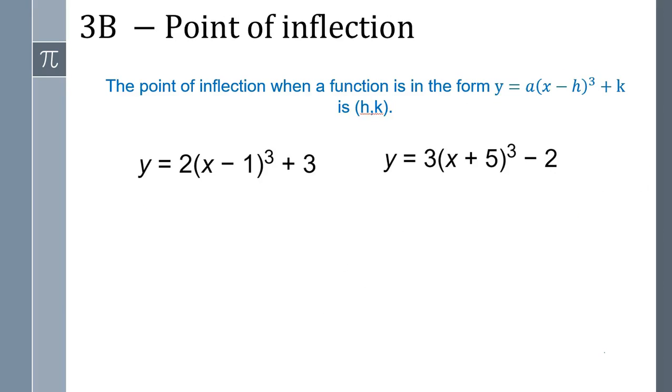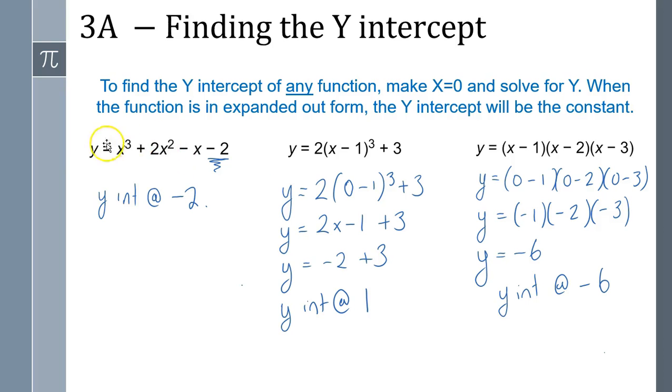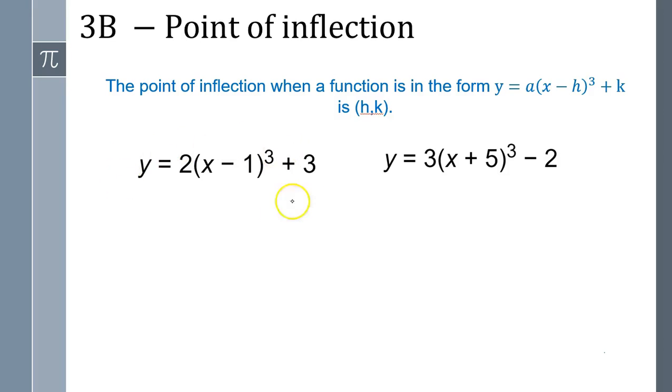So the next part is point of inflection. Now in this course you will be given either a cubic in power function form like this, or you will be given it in expanded form like that. If it is in power function form, that is when you will find the point of inflection. You won't be asked in this course to find the point of inflection if it is in expanded form.